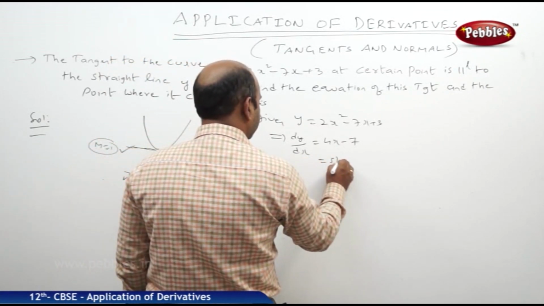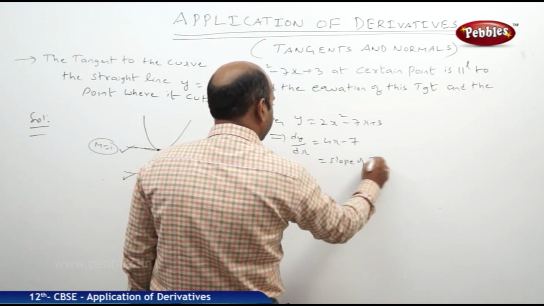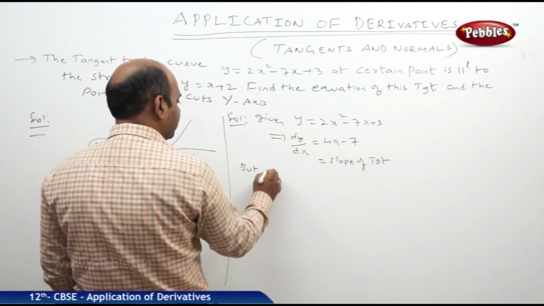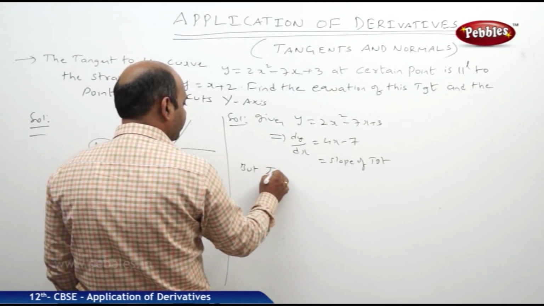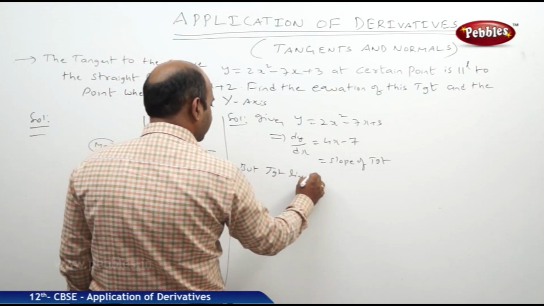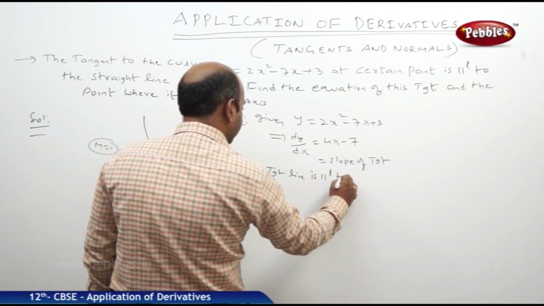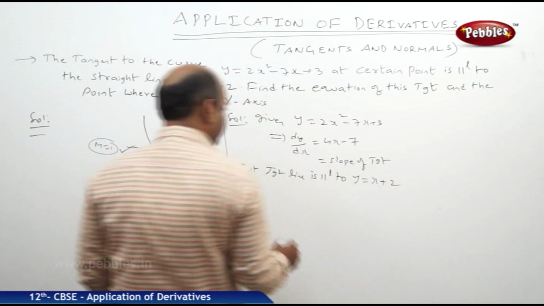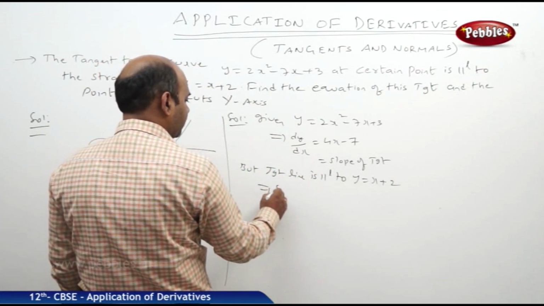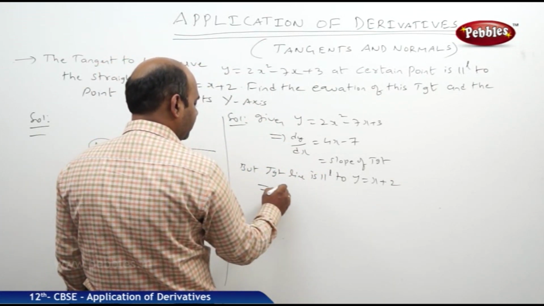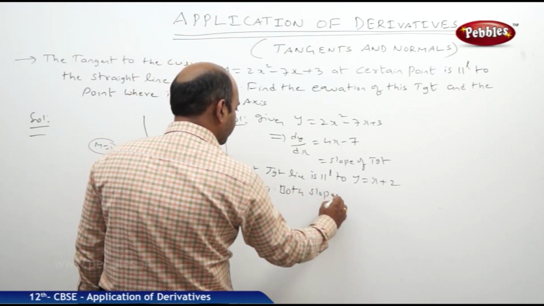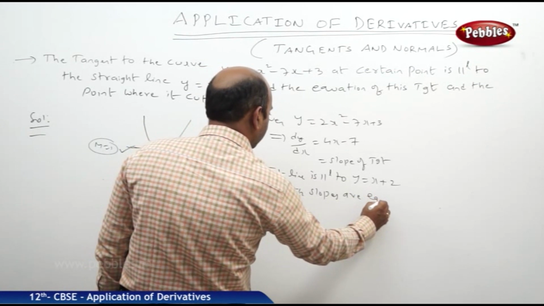But the tangent line is parallel to y = x + 2. That implies both slopes are equal.